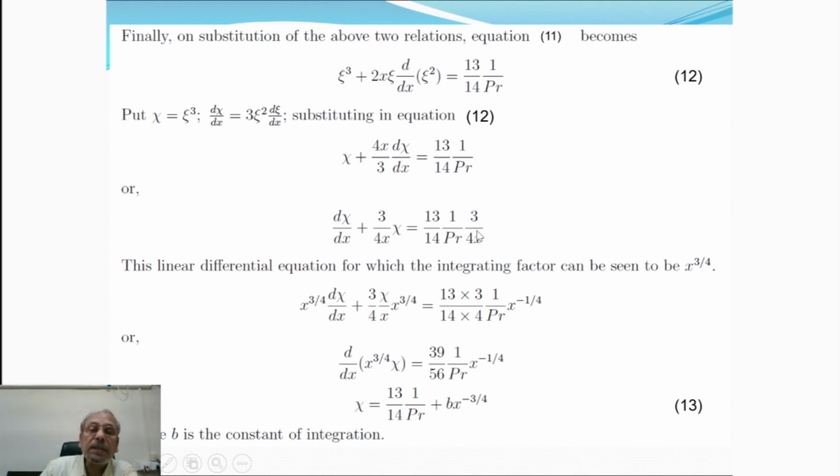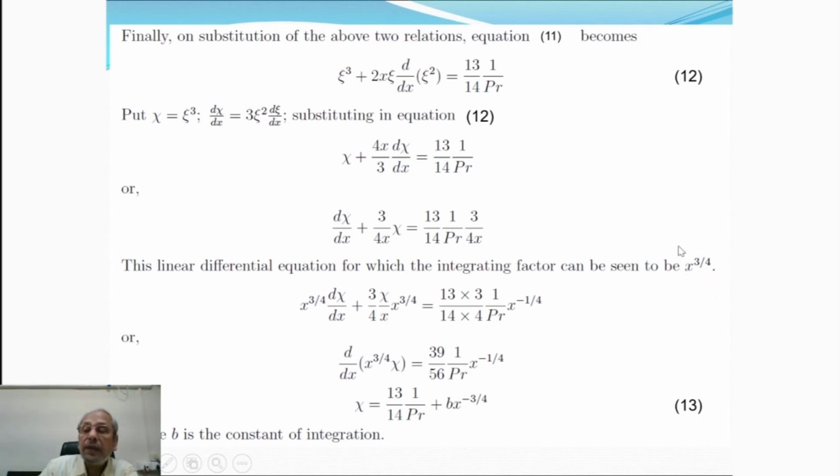This is a linear differential equation, which we can solve if we know the integrating factor, and we can very clearly see that the integrating factor will be x power 3 by 4.